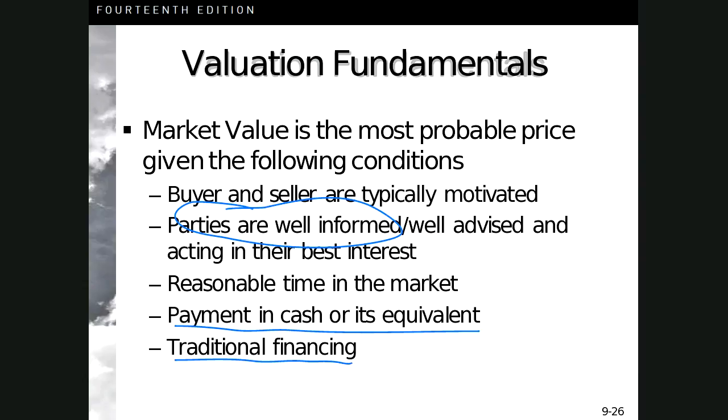So if you look at all these conditions: typical, well advised, well informed, reasonable, payment in cash and equivalents, and traditional. Look at all these words. It basically says that we don't want to consider these factors right now, because all of these factors could eventually come in and affect the price.